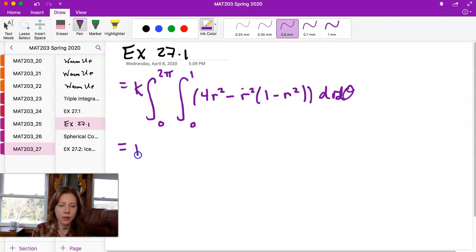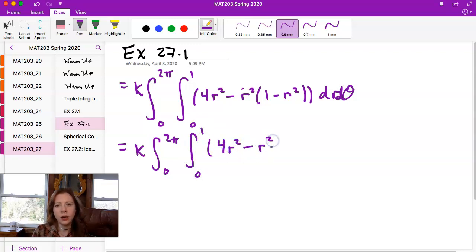And so this is going to be equal to k times the integral from 0 to 2 pi times the integral from 0 to 1 of 4r squared minus r squared plus r to the 4th. The minus r squared times minus r squared is r to the 4th, dr d theta.